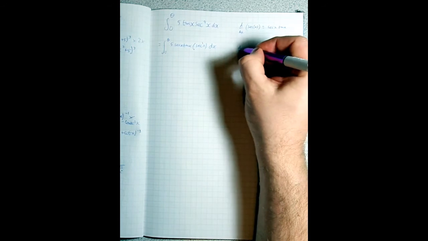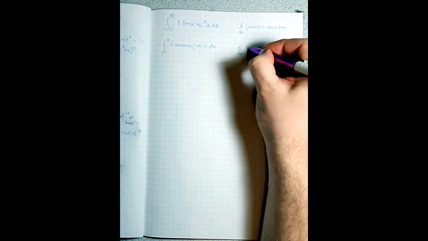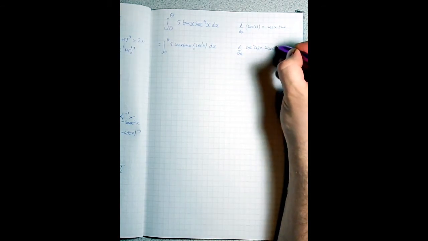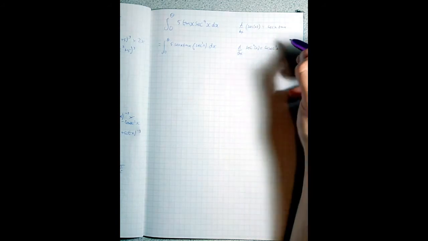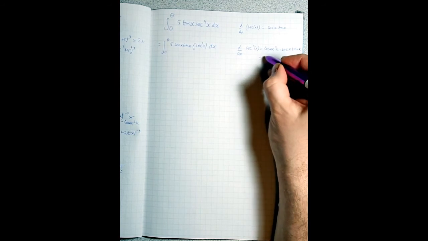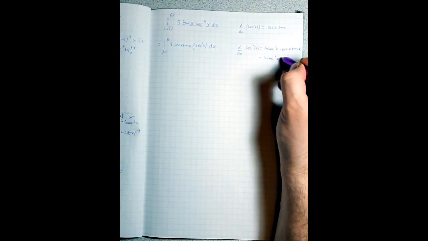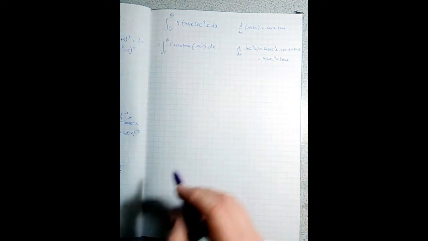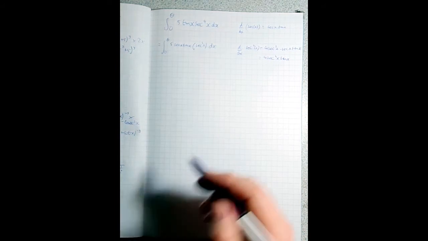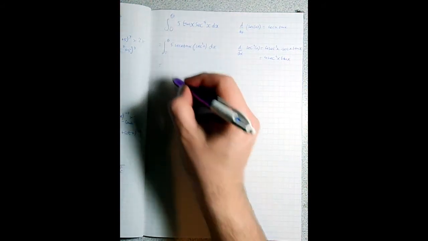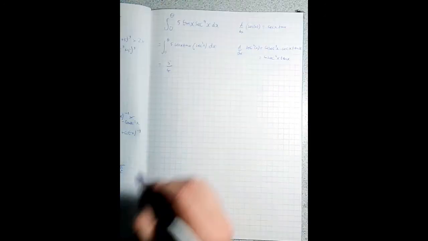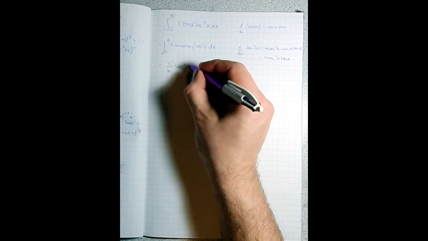So I'm going to attempt to differentiate sec to the 4x, and that gives me 4 sec cubed x multiplied by the derivative of sec x, which is sec x tan x. 4 sec to the 4x tan x. Now I'm after 5 sec to the 4x tan x. Well, I'll just divide by 4 and times by 5, sec to the 4x.